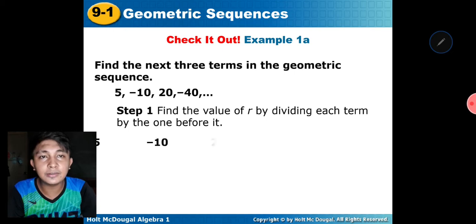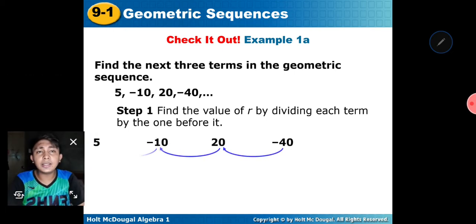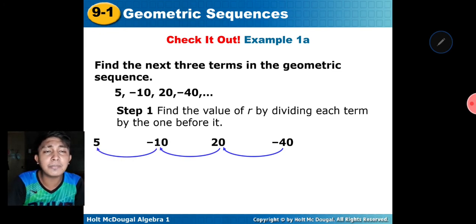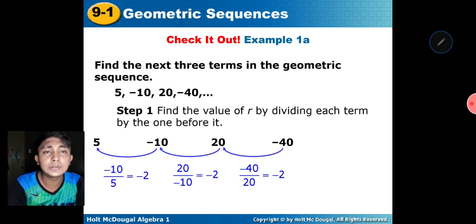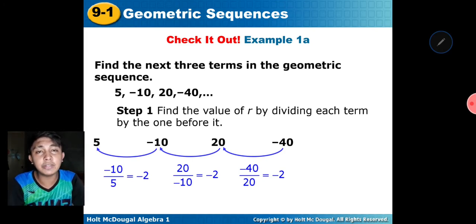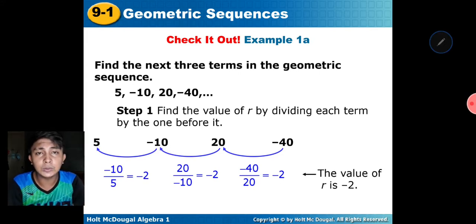Negative 10 divided by 5, we have negative 2. Negative 40 divided by 20, we have negative 2. 20 divided by negative 10, negative 2. So we have now the common ratio that is equivalent to negative 2.